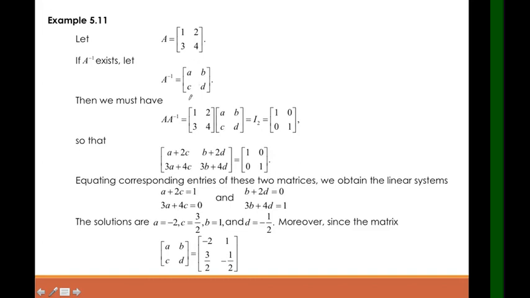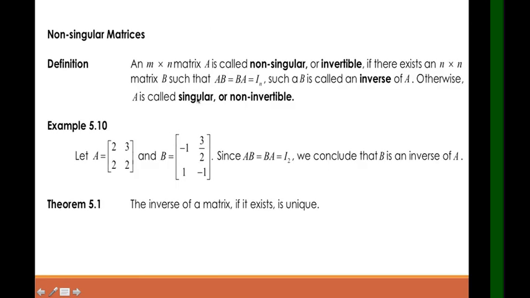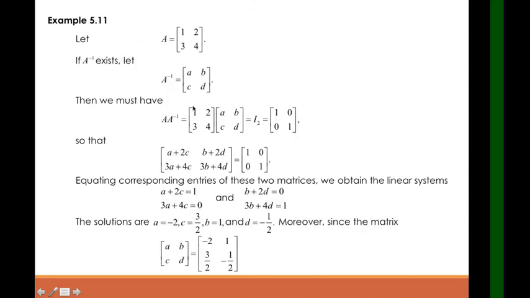Then, we don't know this muna, di ba? We don't know the numbers. So, we just suppose that this is A, B, C, D. And then, we get the multiplication. Okay, let's say B is the inverse. Kumbaga, yung A raised to negative 1, siya yung inverse, no?